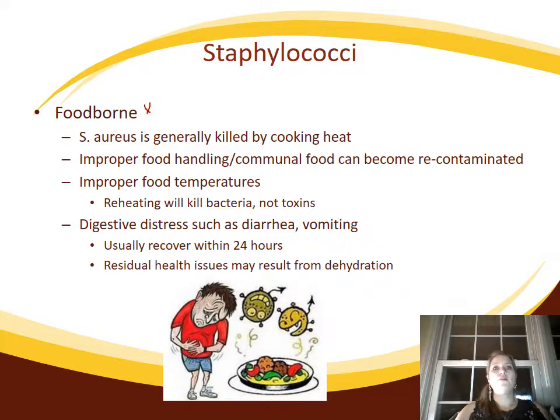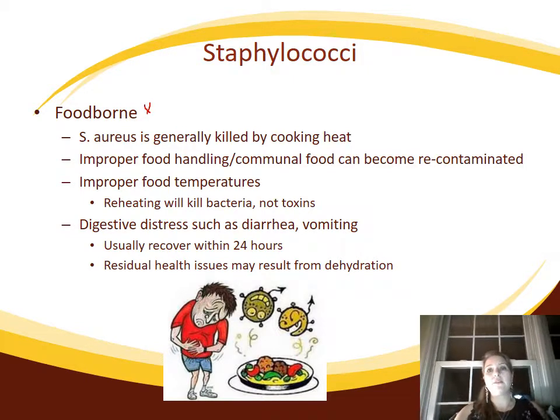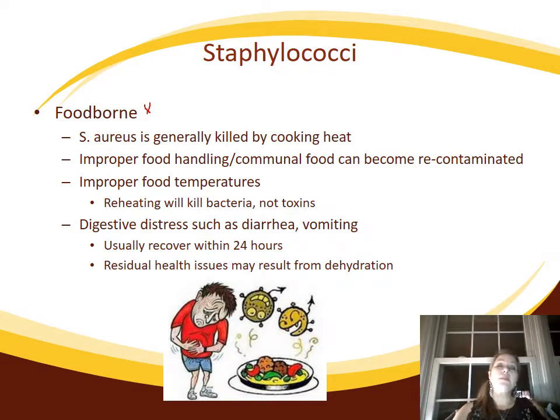Staph can cause foodborne illnesses, but generally, if something is cooked to temperature, Staph aureus can't survive standard cooking heat. But in cases where you've got improper food handling, and especially when you've got communal food environments like potlucks, family gatherings, that type of thing, food can lose its temperature.